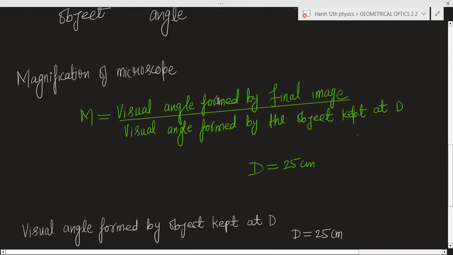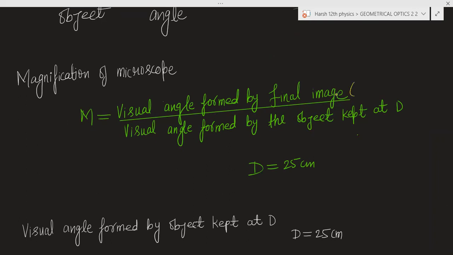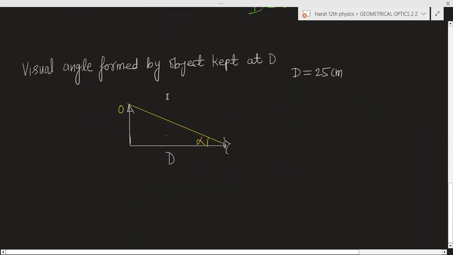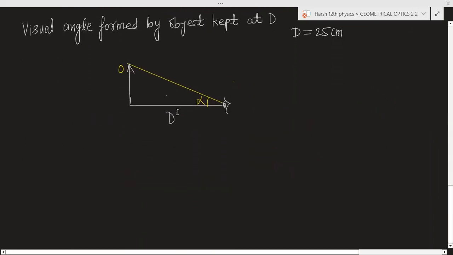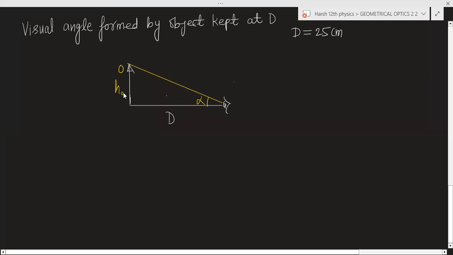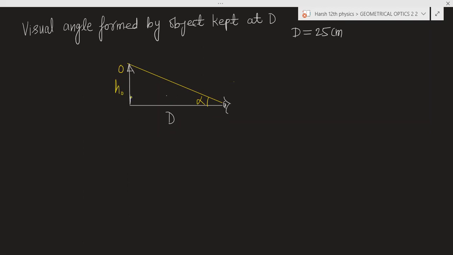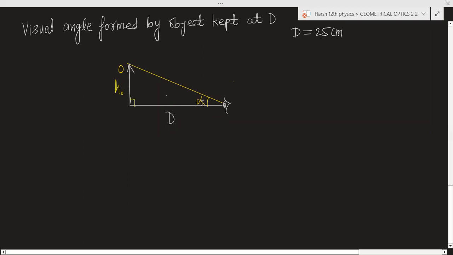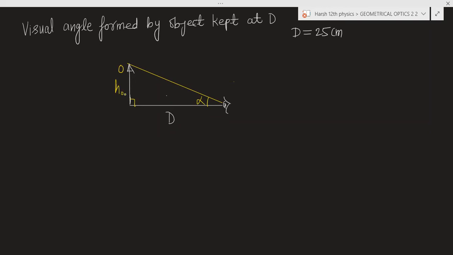So the visual angle formed by the final image is represented by beta, and this one is represented by alpha. Now see this triangle. In this triangle, suppose HO is the height of the object. This is a right angle triangle, and this angle is alpha. This will be the base of the triangle, and this will be the perpendicular. So from here we can find tan alpha.